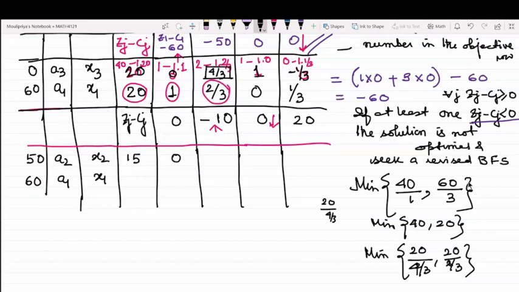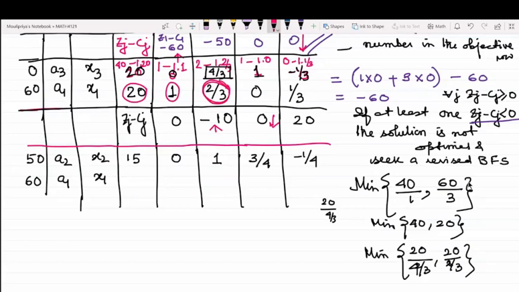Next would be 4/3 by 4/3, 1. Then 3/4, and then -1/4.